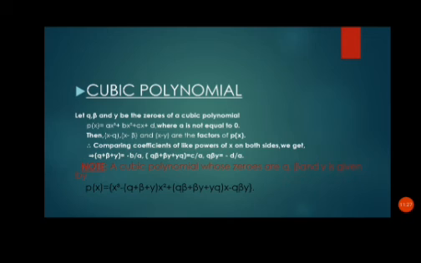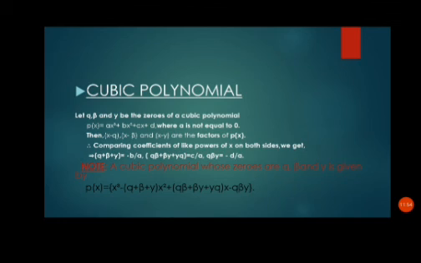Note, a cubic polynomial whose zeros are alpha, beta and gamma is given by p(x) equals x cube minus (alpha plus beta plus gamma) x square plus (alpha beta plus beta gamma plus gamma alpha) x minus alpha beta gamma. So here one more relationship exists.